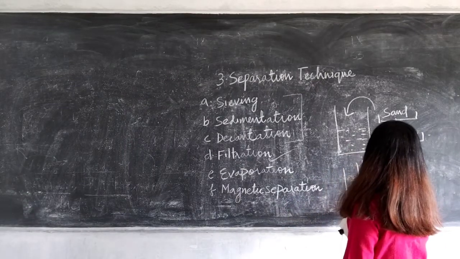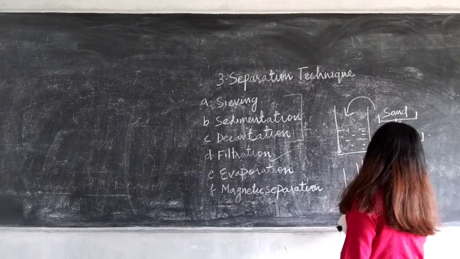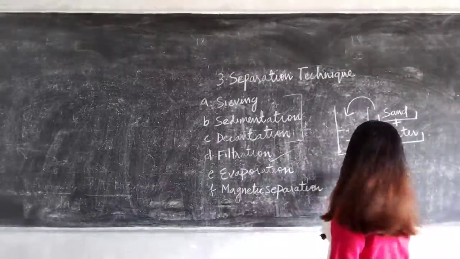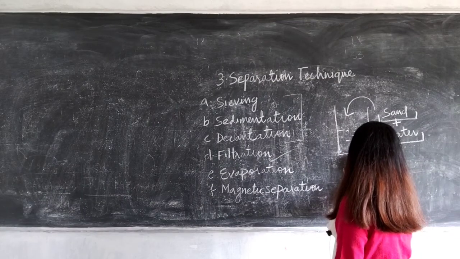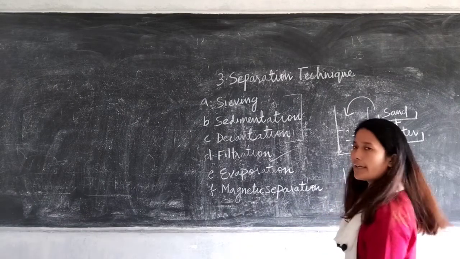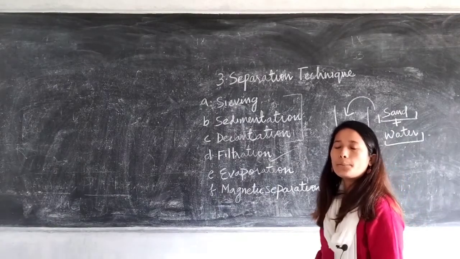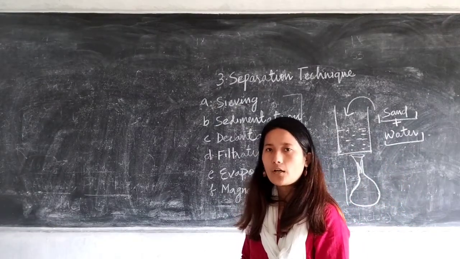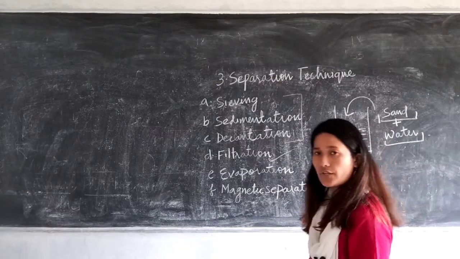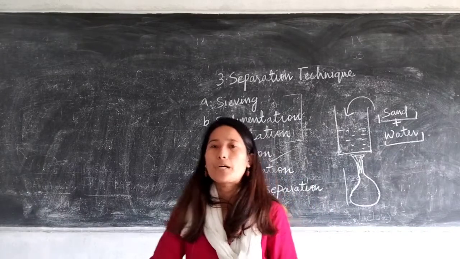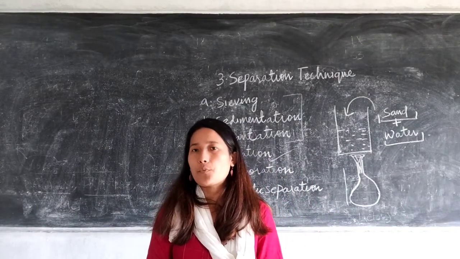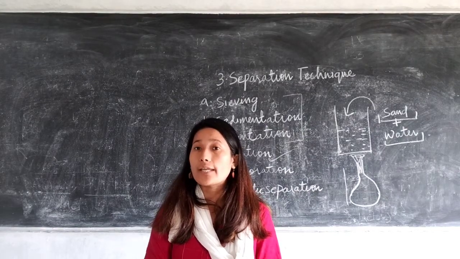Then what we will do is take another container, or let's say another flask, a round bottom flask or conical flask. We will take the flask, and then we will take a funnel. Either we will place a filter paper in this funnel or muslin cloth. This filter paper or muslin cloth is semi-permeable, which means it allows certain things to enter.